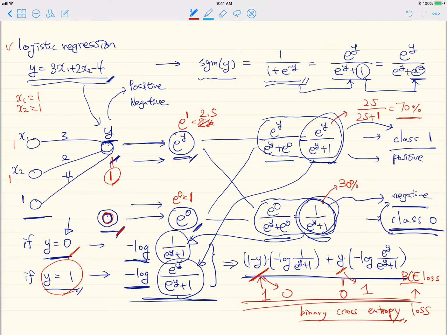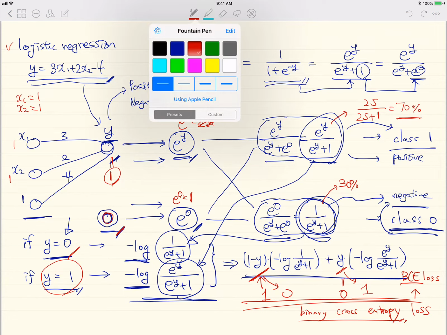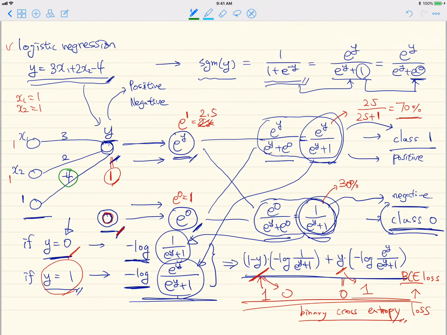Okay, and now let's look at the effect of the bias, like this term. I'm going to use a different color, like this one. Typically we start by normalizing the input variables so that each of our input features has zero mean and unit variance.